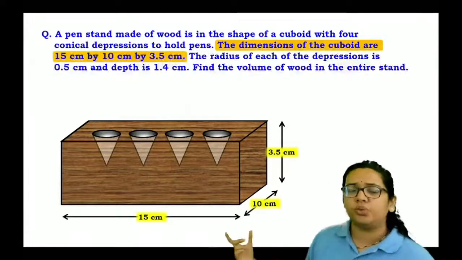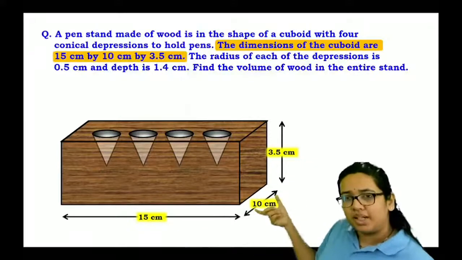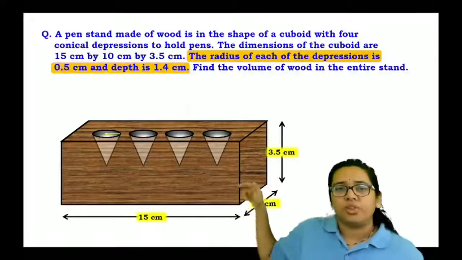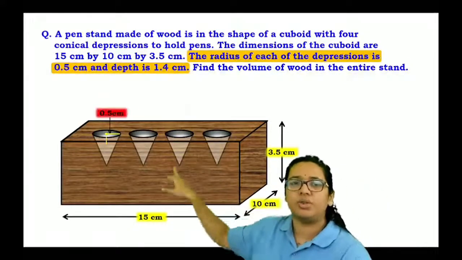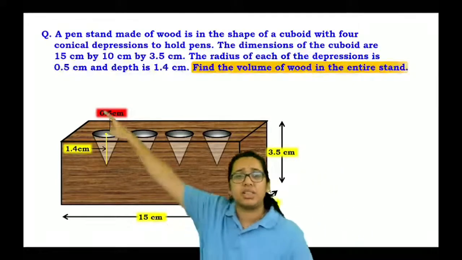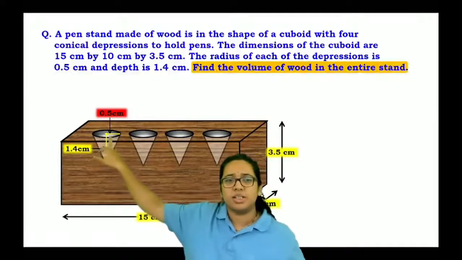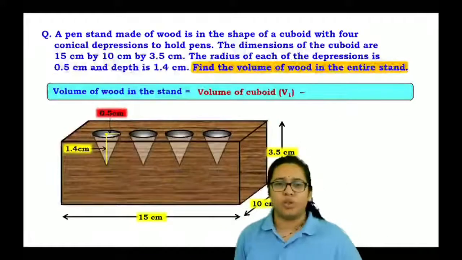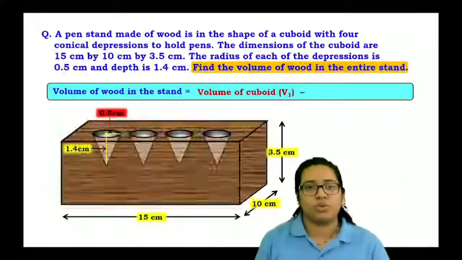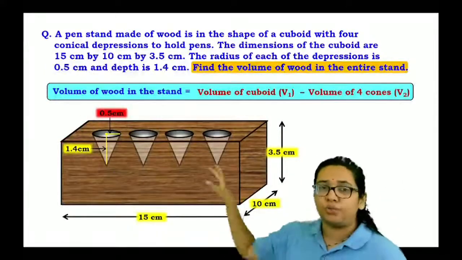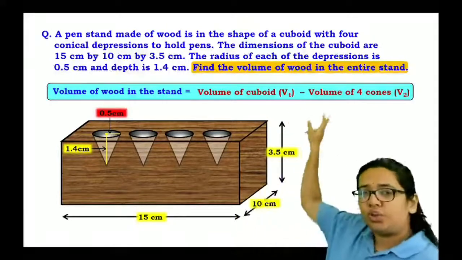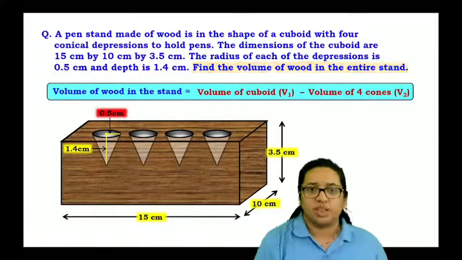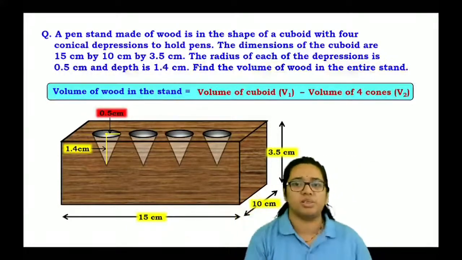As the dimensions of the cuboid are given as 15 centimeter by 10 centimeter by 3.5 centimeter, and radius of each depression is given as 0.5 centimeter, so radius will be 0.5 and depth will be 1.4. So the required volume of the stand is nothing but volume of the cuboid minus volume of four cones. किसी एक कोन का वॉल्यूम आप फाइंड आउट करो एंड जस्ट मल्टीप्लाई बाय 4.